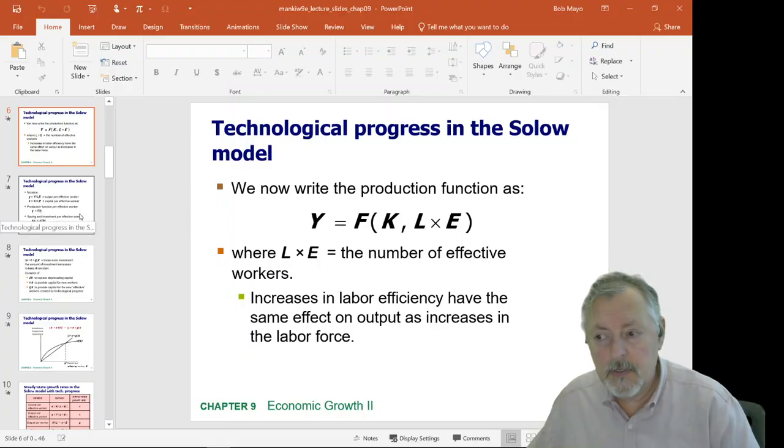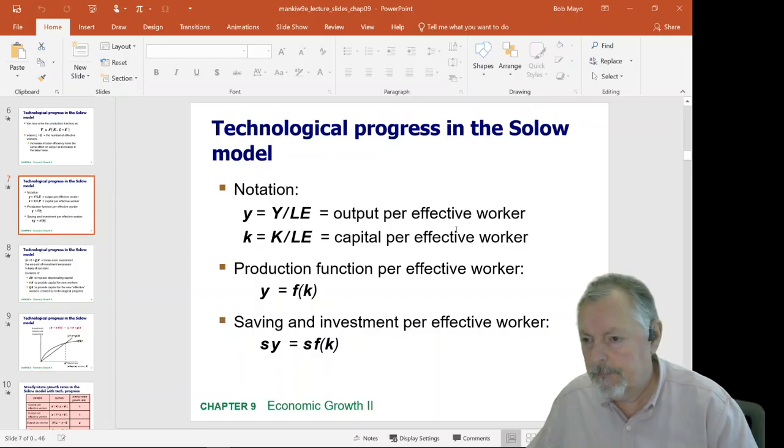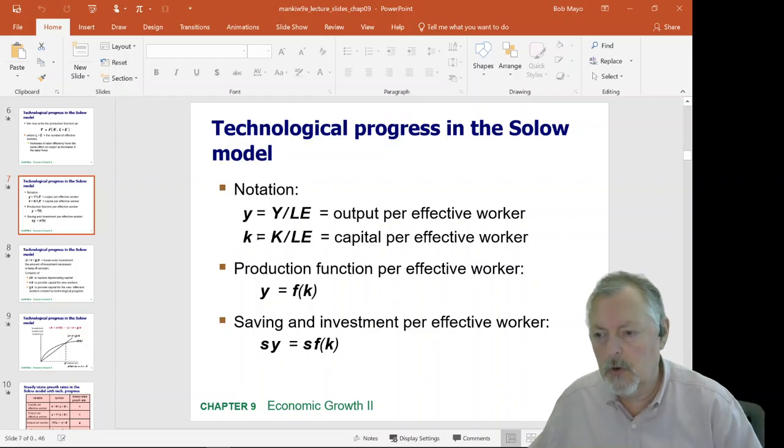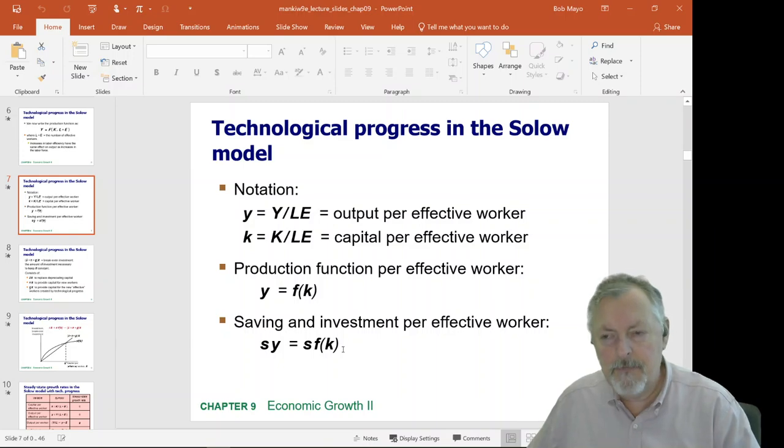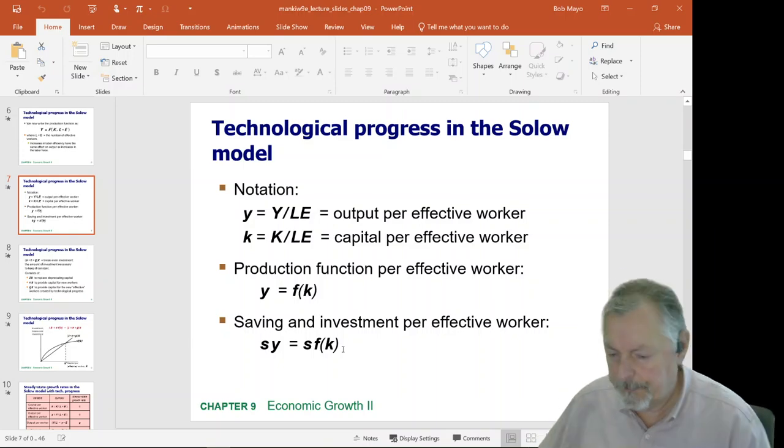So if your workers get better, this term increases. So now output per effective worker is lowercase y, and lowercase k is capital per effective worker. Everything is just converted to being in terms of effective workers.